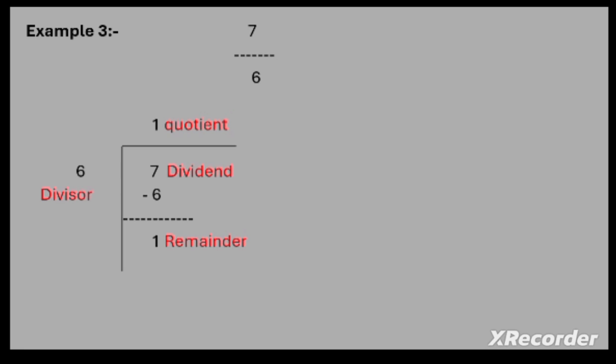Okay, now we will express this improper fraction in the form of a mixed number. Okay, now as you can see over here that my quotient was 1, that is my whole number, and my remainder was 1, that is my numerator, and my divisor was 6.